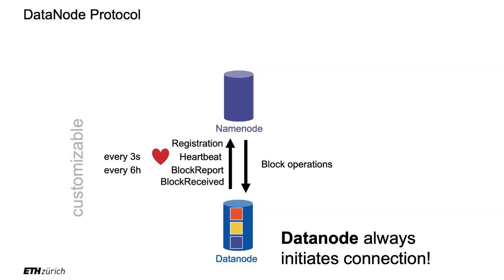But since it has the heartbeats, then if suddenly one of the data nodes stops giving any sign of life, that there is no more heartbeat incoming, then the name node will start figuring out that there is a problem with the data node. And then it can mark it as down or crashed or whatever.